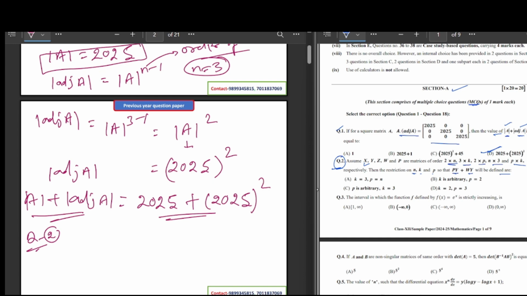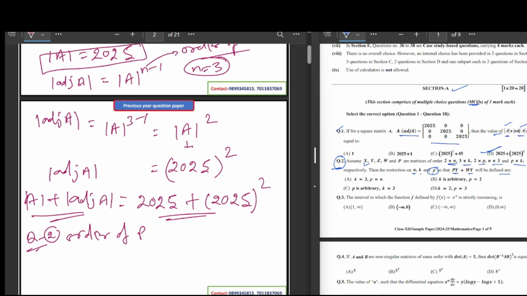First of all, let us find the order of P. The order of P is P cross K, same as it is given for X.